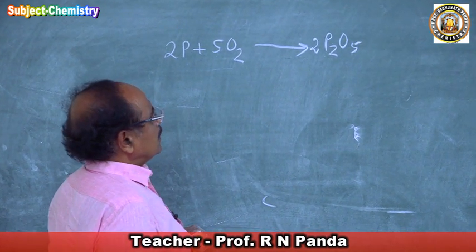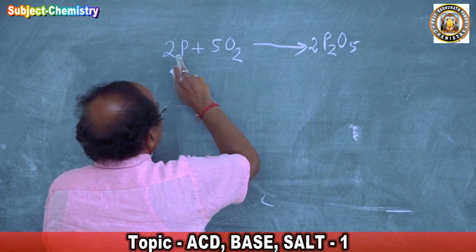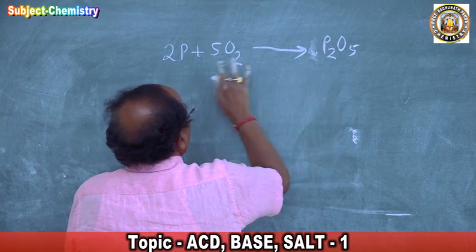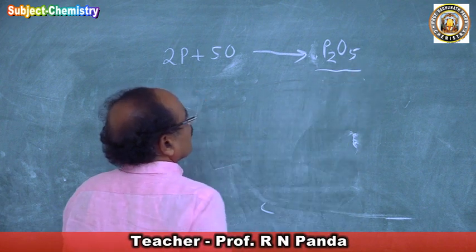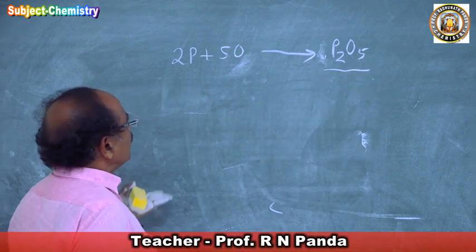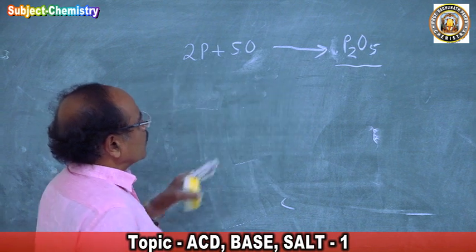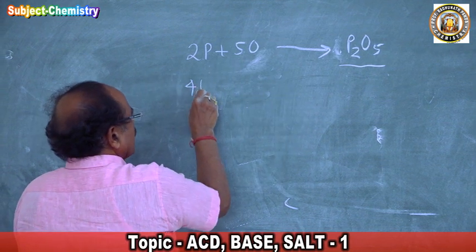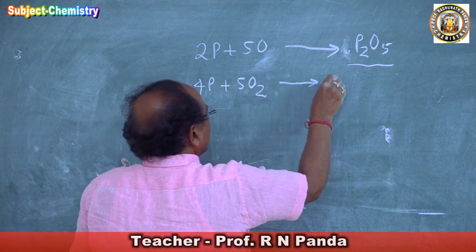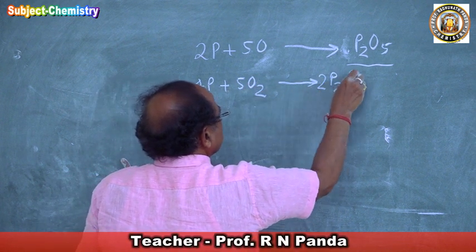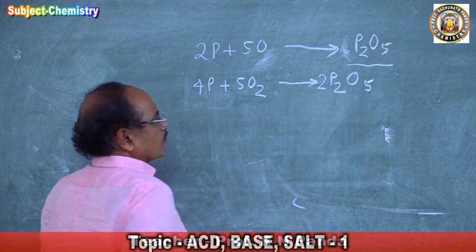So P2O5, this is phosphorus pentoxide. This atomic equation, we'll make it molecular by multiplying. So the equation is 4P plus 5O2 will form 2P2O5. This is the equation for how it forms.